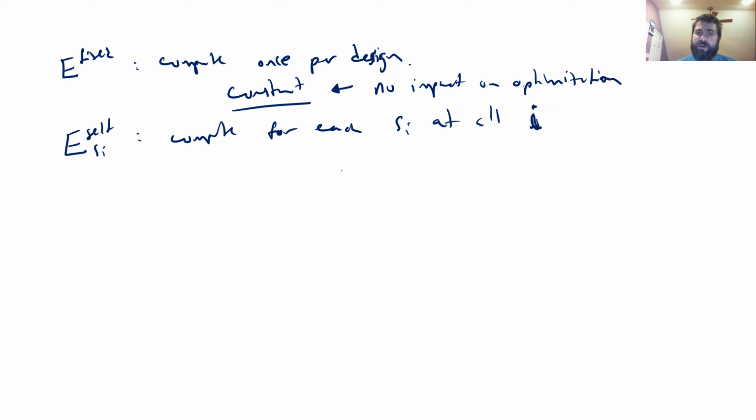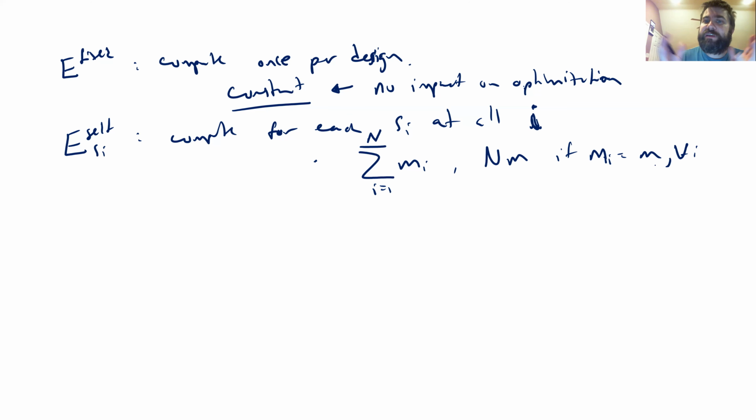The total number that we need to compute is a sum of m_i from i equals 1 to n, or n times m if the m_i are constant, if we have a fixed library that we're using at every position.